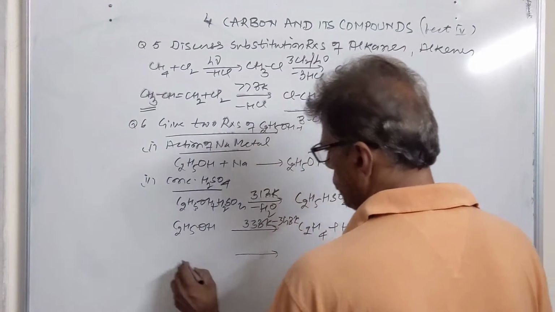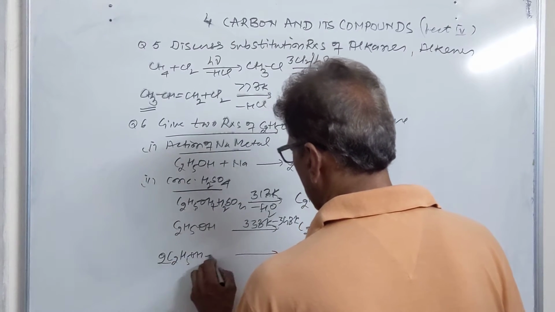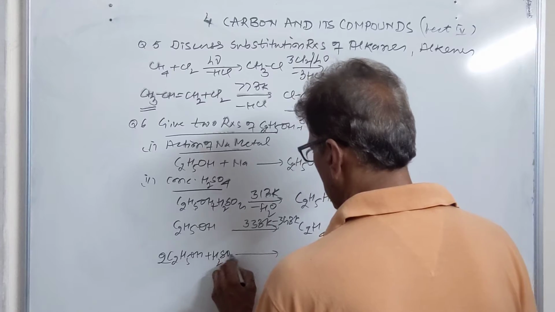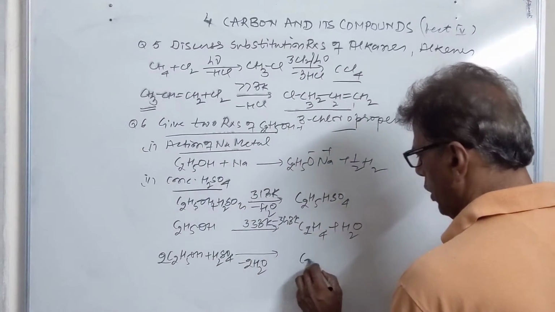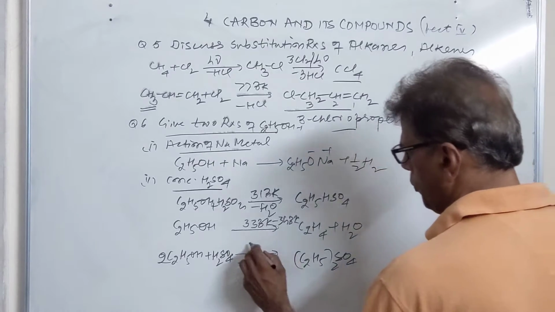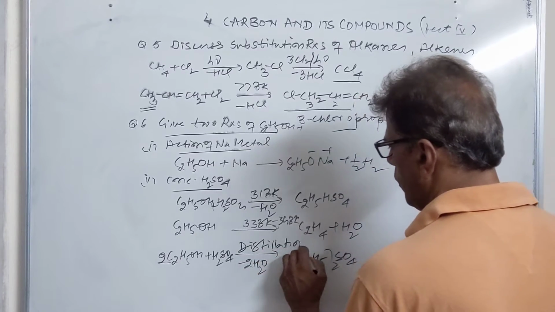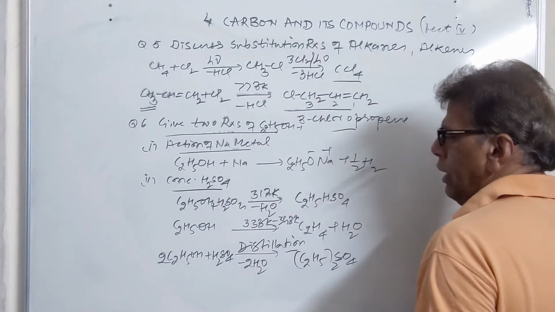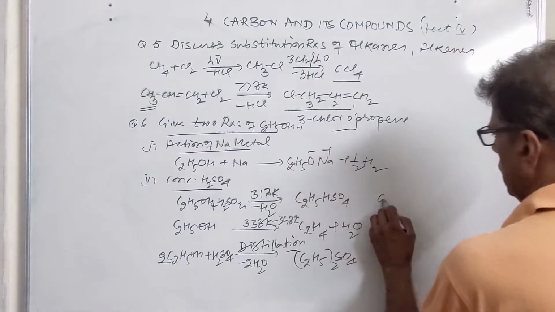This reaction can take place, and two molecules of ethyl alcohol can combine with sulfuric acid and will eliminate two water molecules and give you diethyl sulfate. This is produced on distillation. And it can also give you diethyl ether.